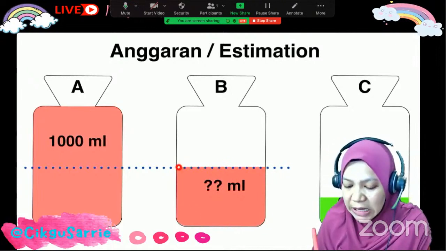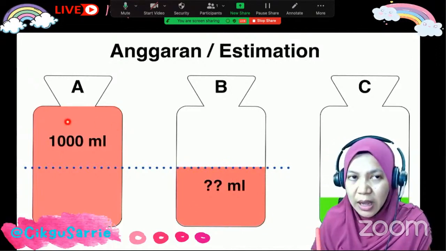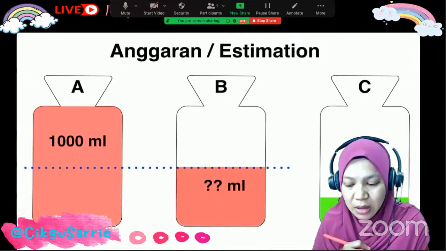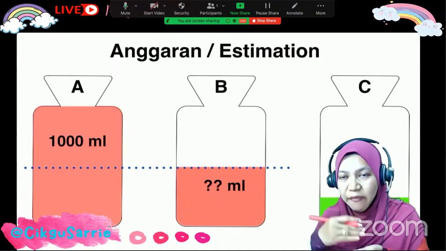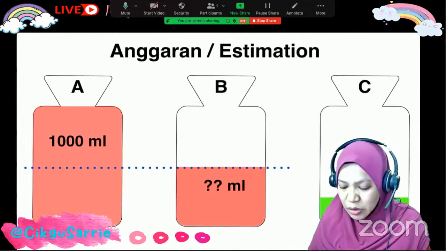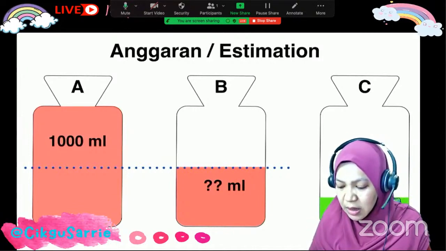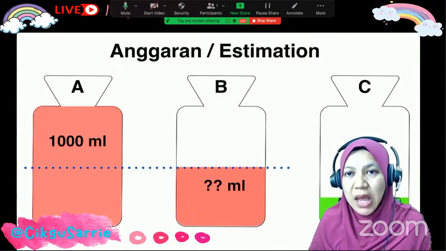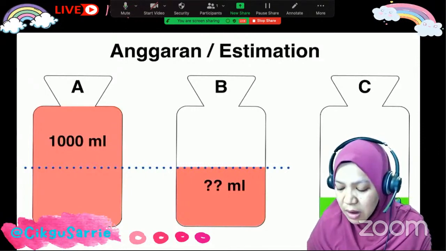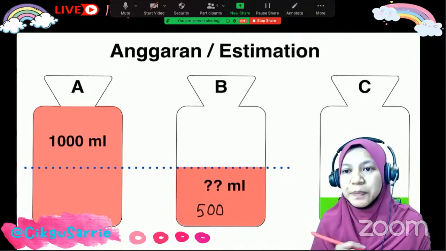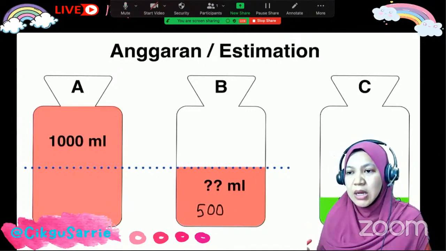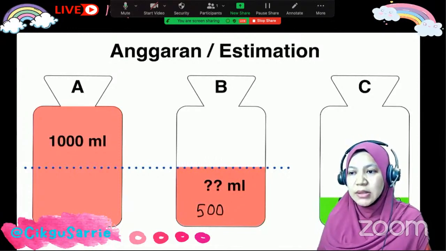So if the volume in tank A is 1,000 milliliter, half means separuh, 1/2. So we can say that the volume in tank B is about 500 milliliter.